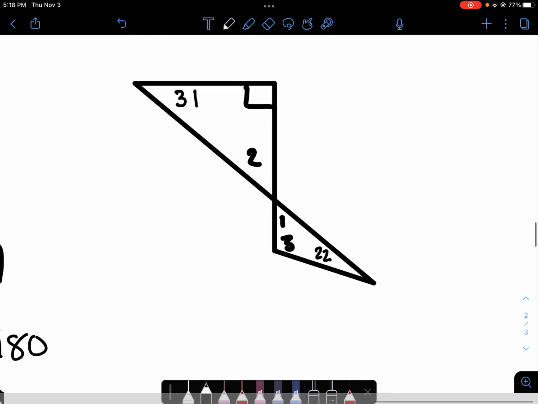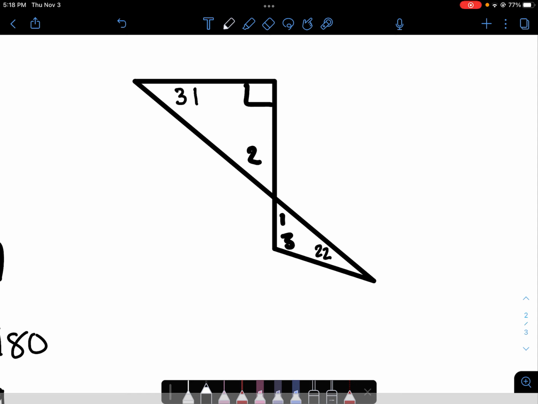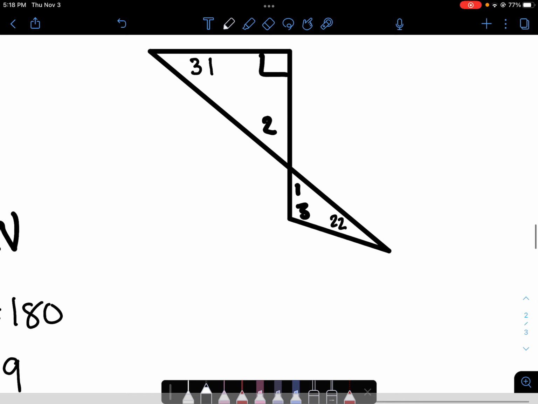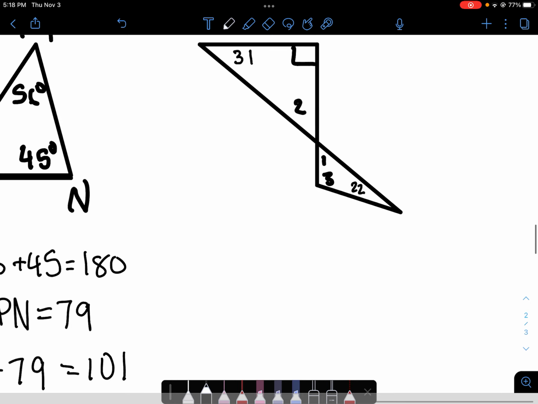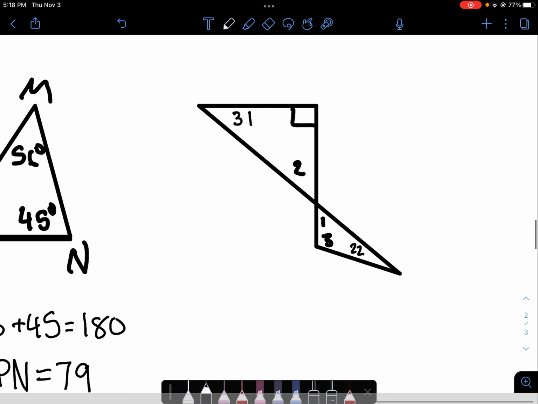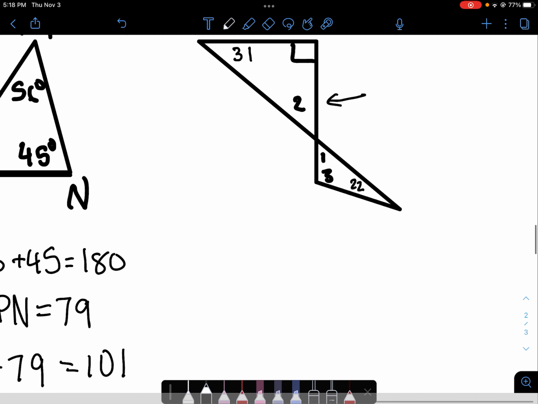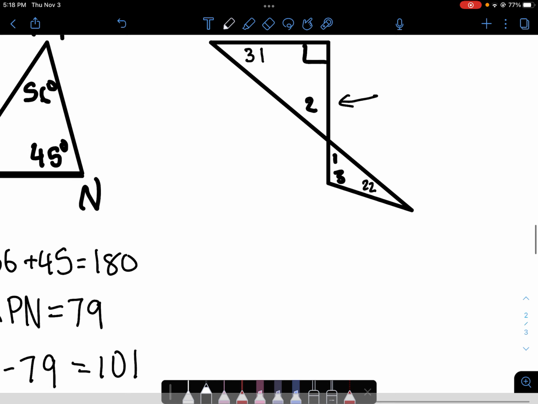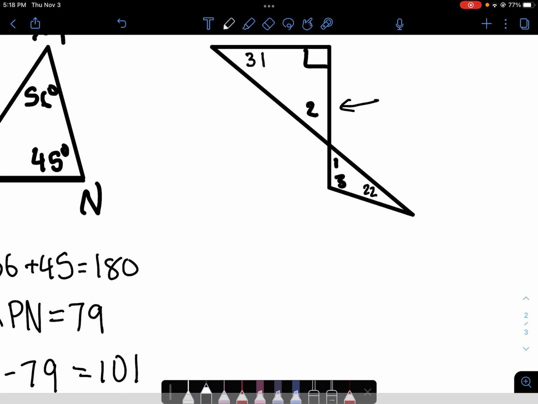And for our last question, it might be a little trickier, but this should be quite similar to everything that we've learned. So, since we know two angles in this triangle, we can find angle 2. That's where I usually start when I look at these problems. I try to find the shape that I have the most angles in so I can find the next angle. So, let's just do this.